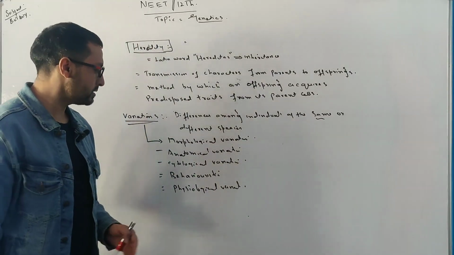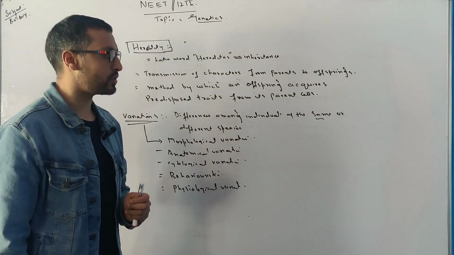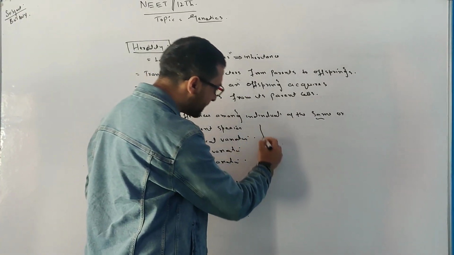So morphological variations, anatomical variations, cytological variations, behavioristic and physiological variations. We have got different types of the variations.